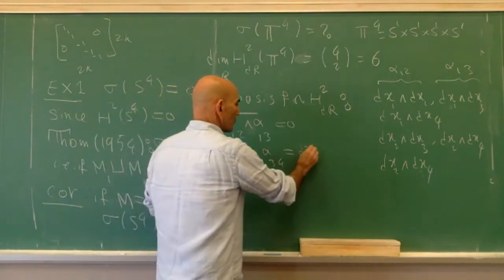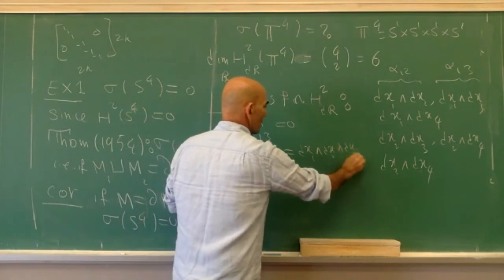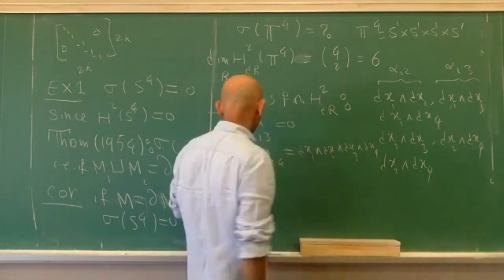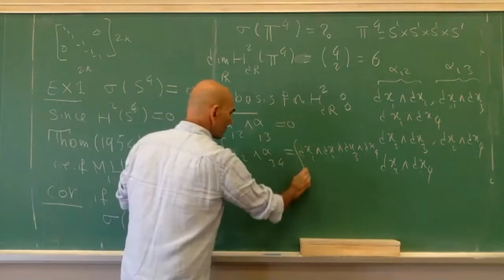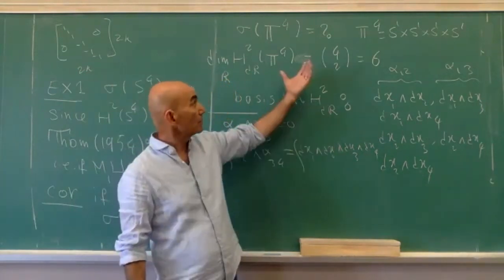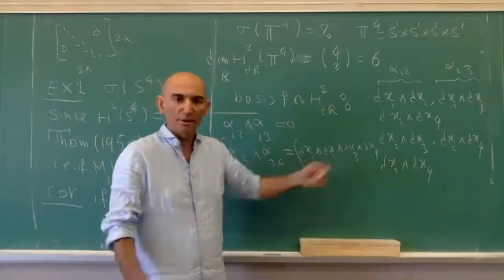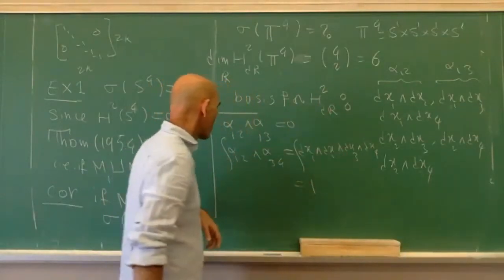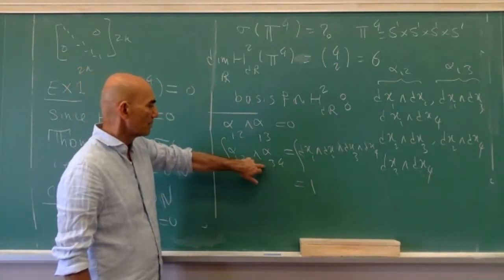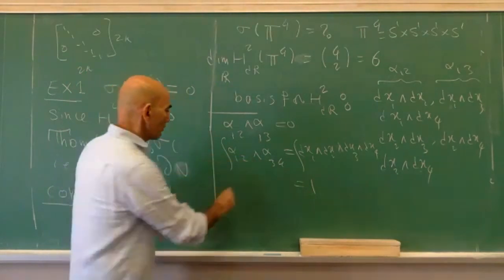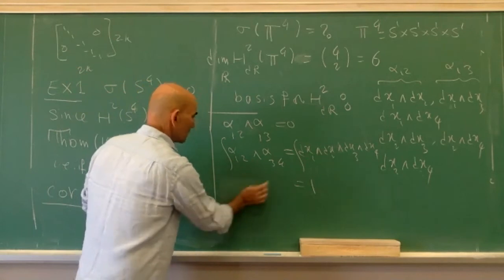This is going to be dx1 wedge dx2 wedge dx3 wedge dx4, right? So now if you integrate this with respect to the natural volume form, the integration is 1. So the value of this product is equal to 1.